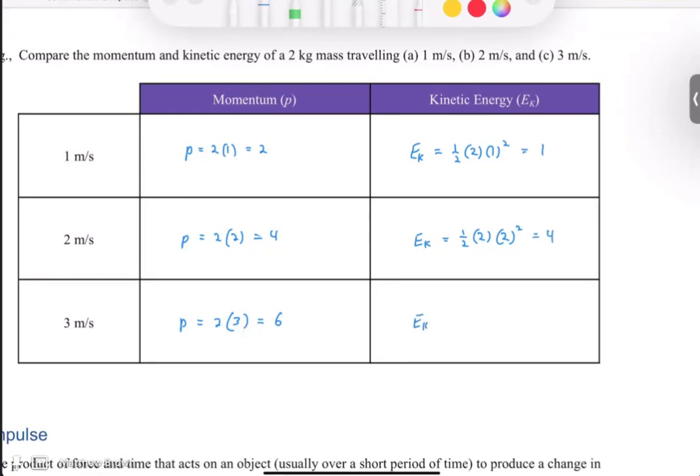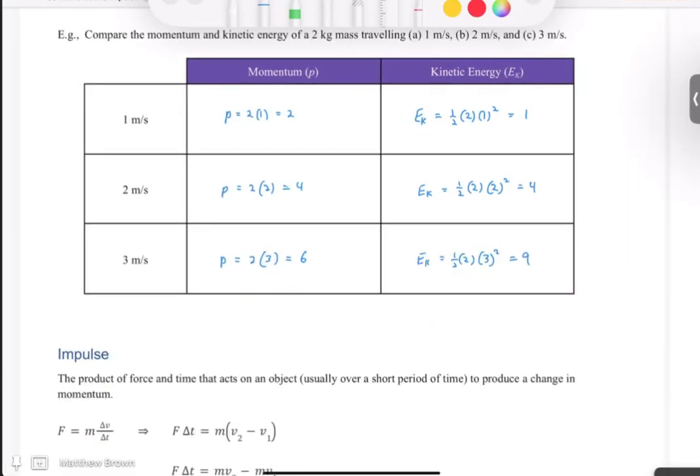And at 3 meters per second, EK is 1/2 times 2 times 3 squared, which is 9. So in terms of understanding energy, as you increase your speed, your kinetic energy goes up, not linearly, but as a quadratic. Whereas with momentum, it does go up linearly, and that will help with certain analyses we want to do.